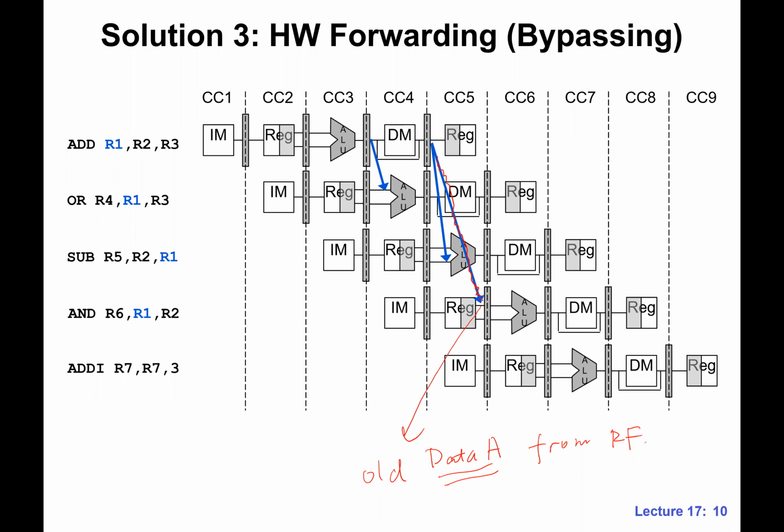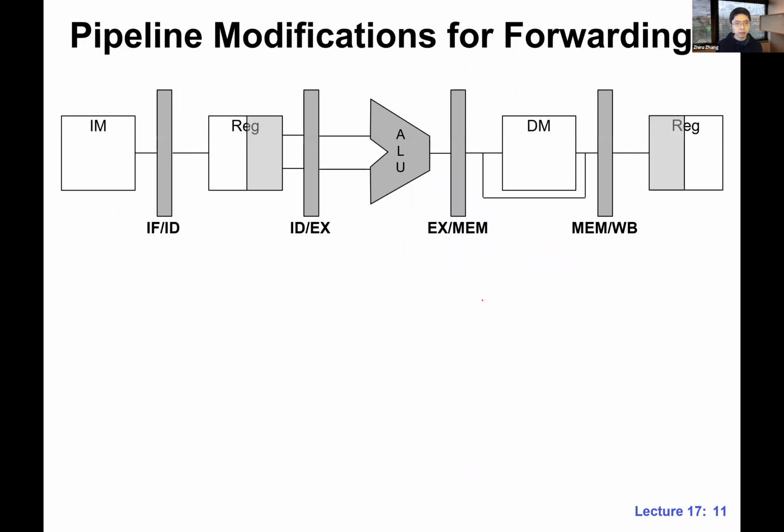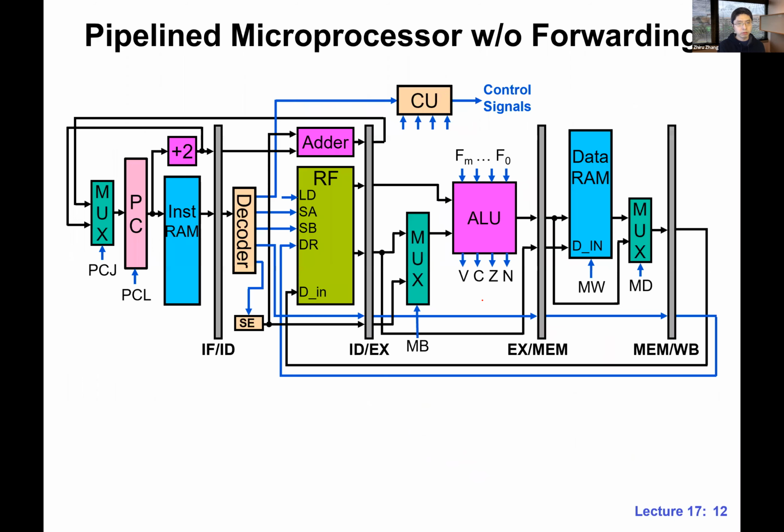Thanks. Okay, all right, this is how forwarding works. This is pretty cool. We look at what we just got. This is the pipeline result, the abstract diagram of the pipeline. Let's see how we can do the forwarding.